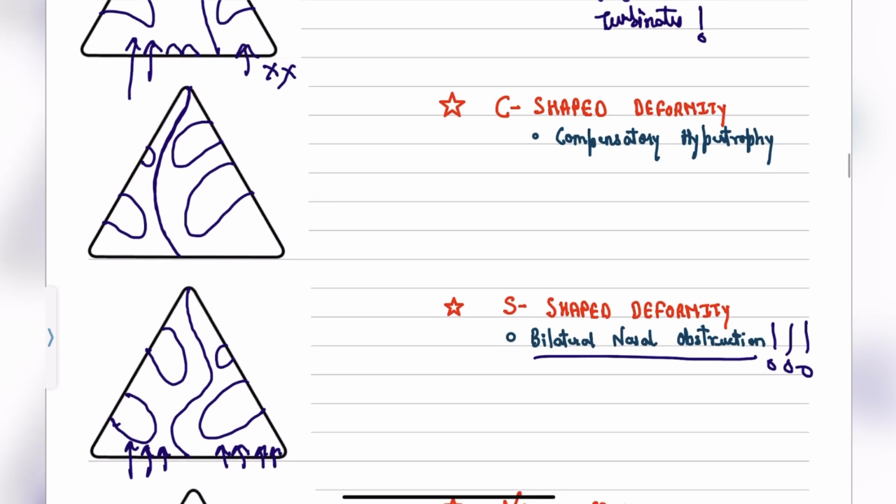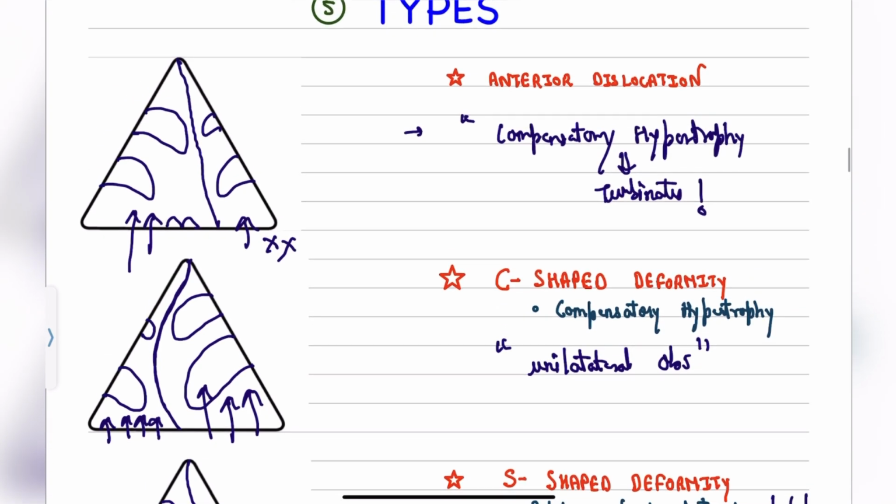In the C-shaped deformity, on this side there would be difficulty in passing of air, whereas on the roomy side air will be easily passed. So there is unilateral obstruction in C-shaped deformity. Similarly, in the case of anterior dislocation, air might easily pass through the roomy part of the nasal cavity, the roomy nostril, whereas air would not be able to pass through this part.